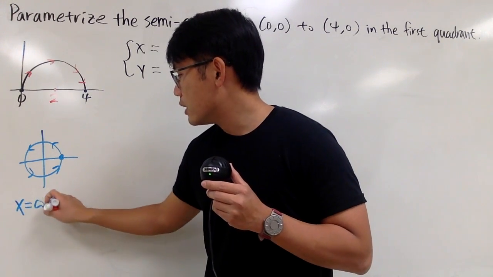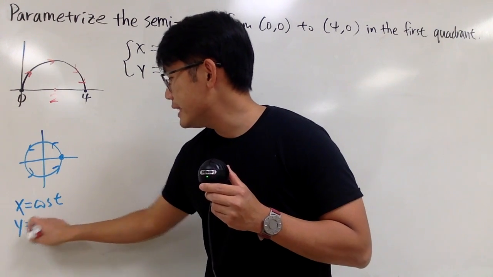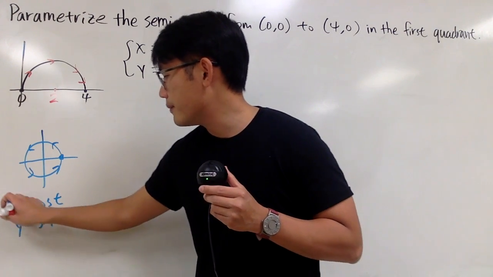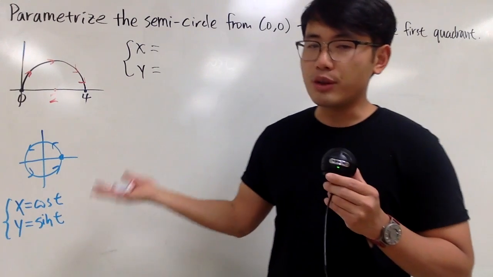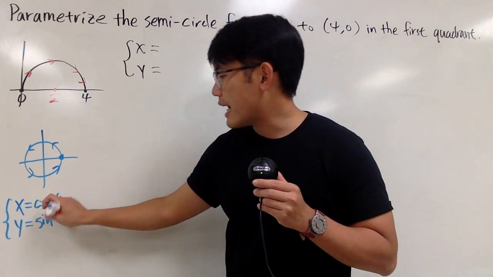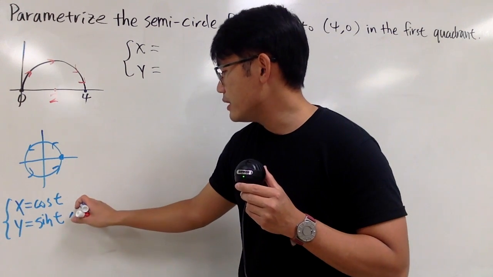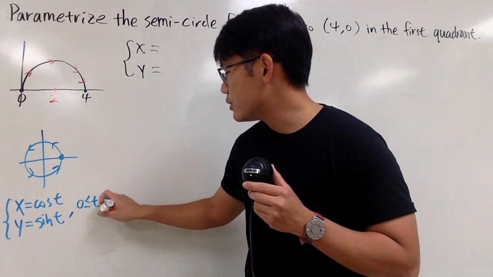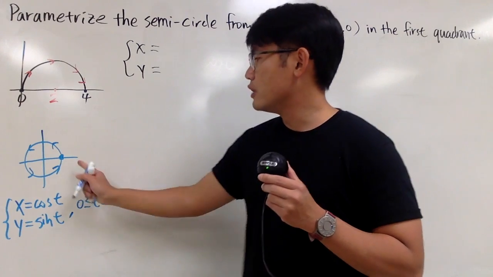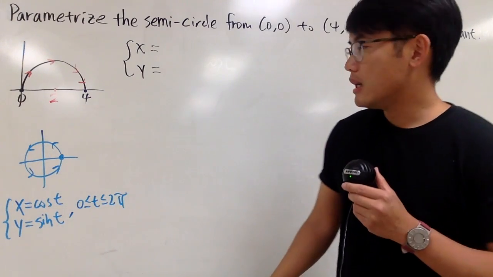X equals cosine t and y is equal to sine t. Again, just like the unit circle, x is the cosine and y is the sine, right? And of course, we should also indicate that t goes from 0 to 2 pi, so we get just one loop.